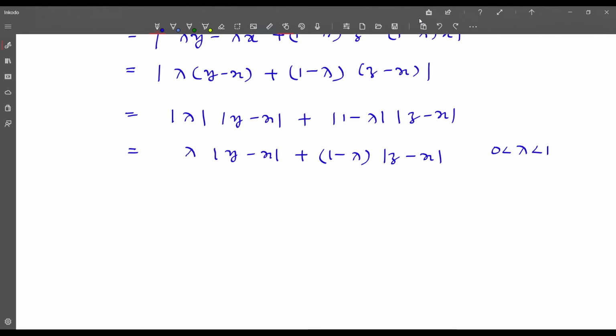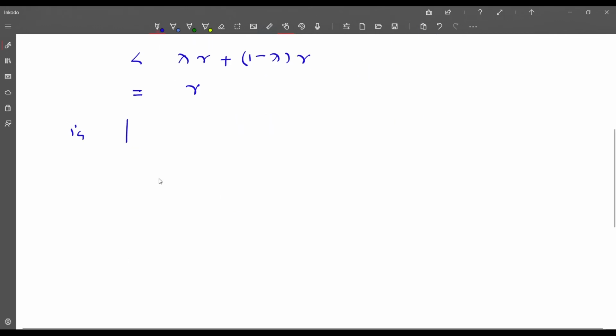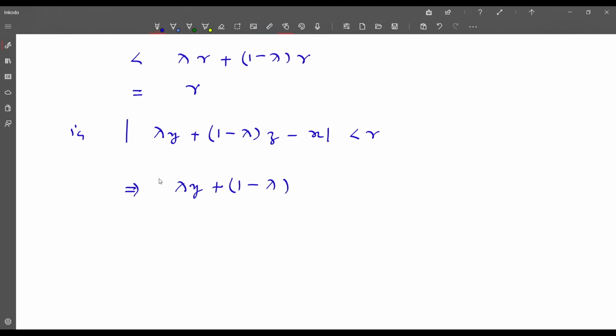So this is less than λr + (1 − λ)r, which is equal to r. That is, |λy + (1 − λ)z − x| < r. So this implies λy + (1 − λ)z belongs to B, the open ball. Therefore, B is convex.